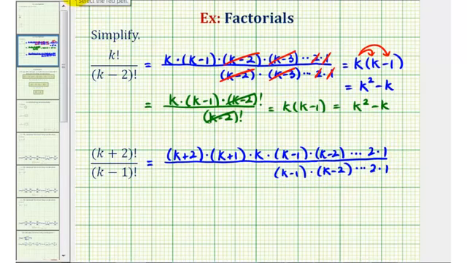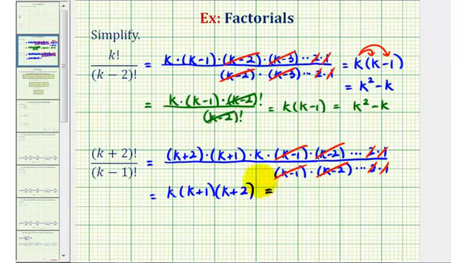So once again, we can see we have common factors in the numerator and denominator that will simplify to 1, k minus 1 over k minus 1, k minus 2 over k minus 2, and so on, all the way to 2 over 2 and 1 over 1. We can see this simplifies to three factors. We have a factor of k plus 2, a factor of k plus 1, and a factor of k, which I'm going to write as k times k plus 1 times k plus 2.